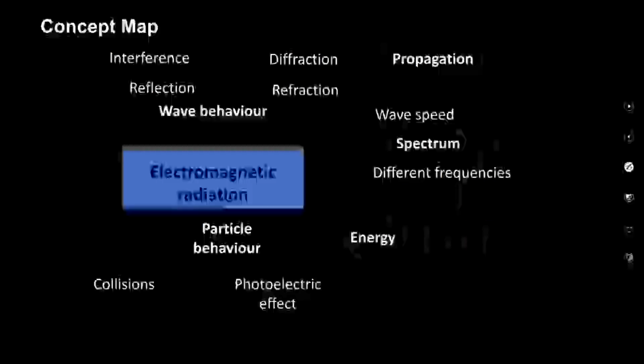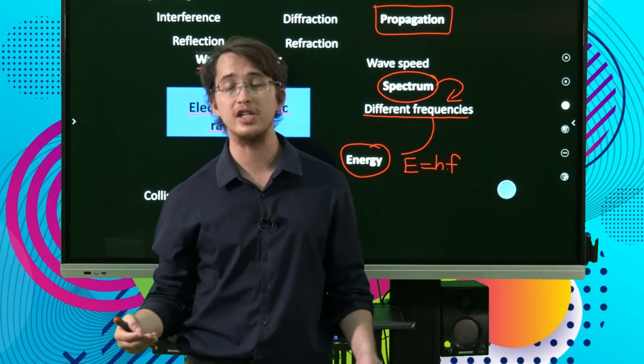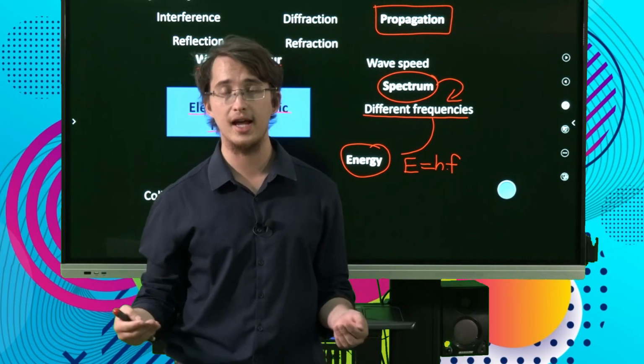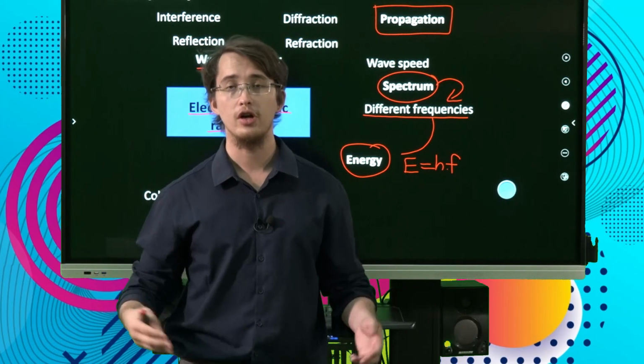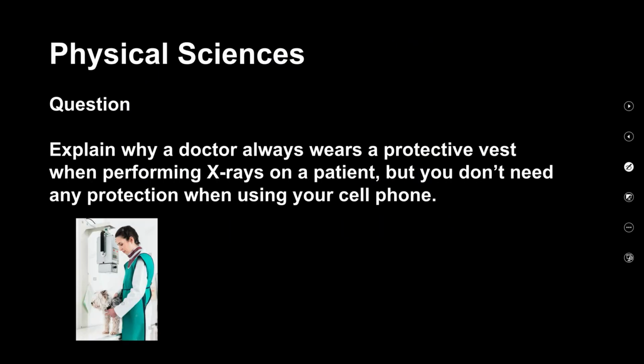Now, before we go further, let's do some practice to make sure that we've understood these ideas and see how they can be used to better understand things that happen to us around electromagnetic radiation on the day-to-day. So this question asks us to explain why a doctor always needs to wear a protective vest when performing an X-ray on a patient.